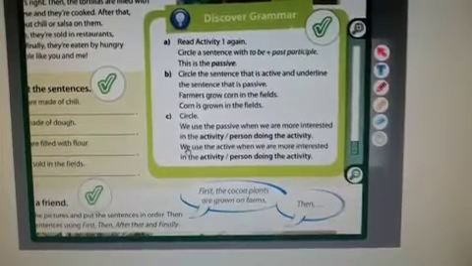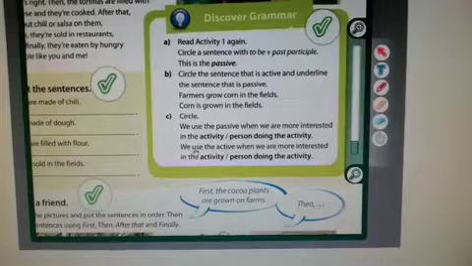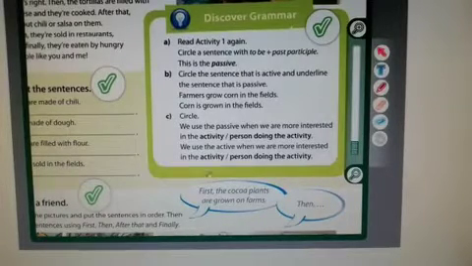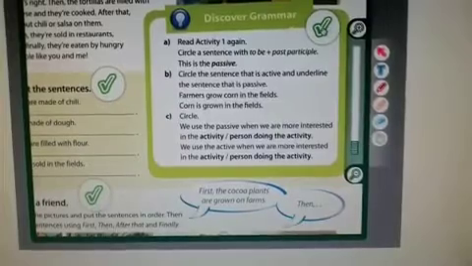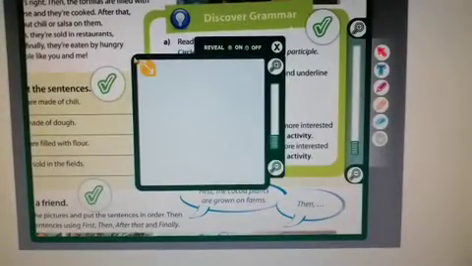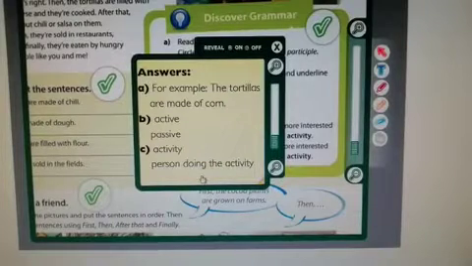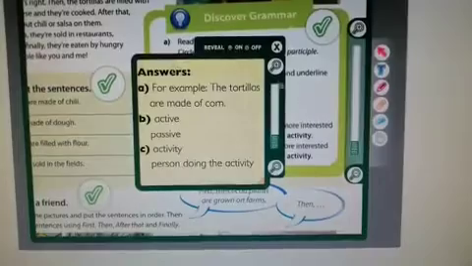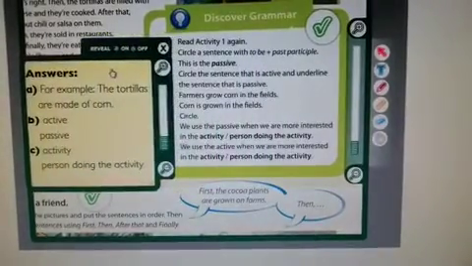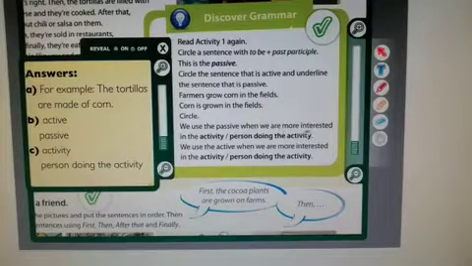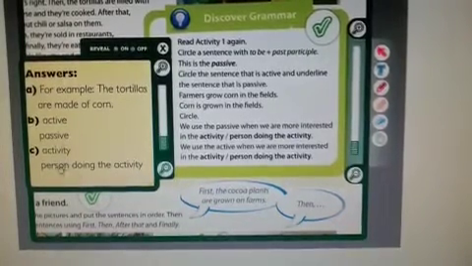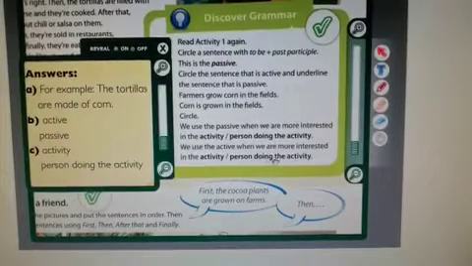Let's see the answers here. So here we use the passive when we are more interested in the activity, and the other one, we use the active when we are more interested in the person doing the activity.